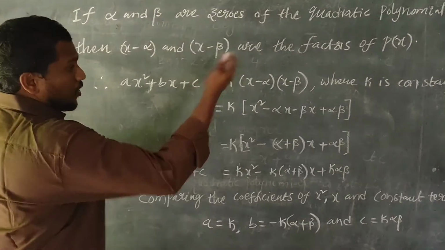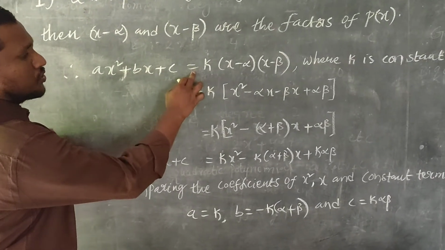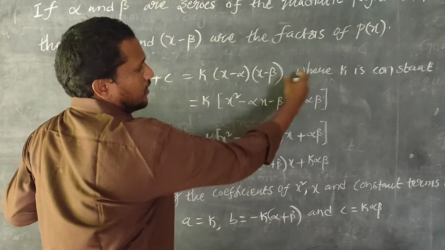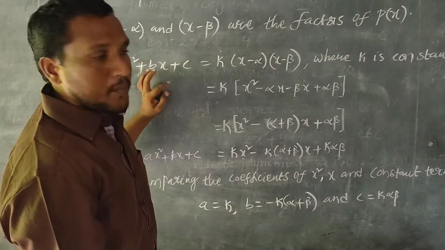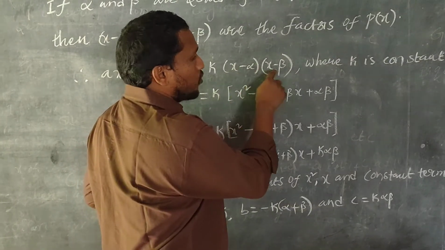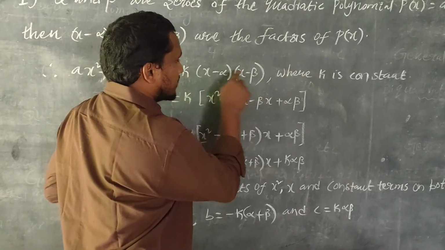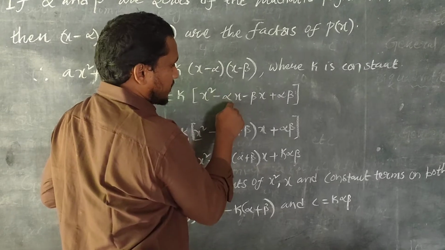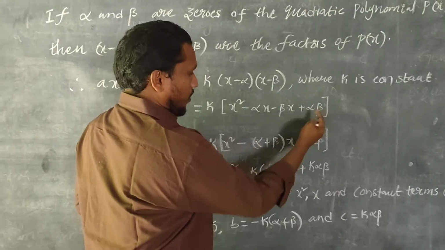Therefore ax square plus bx plus c is equal to k into (x minus alpha) into (x minus beta), where k is some constant. We have to multiply the product of two binomials. x into x is x square; x into minus beta is minus beta x; minus alpha into x is minus alpha x; negative into negative is positive, alpha into beta is alpha beta.